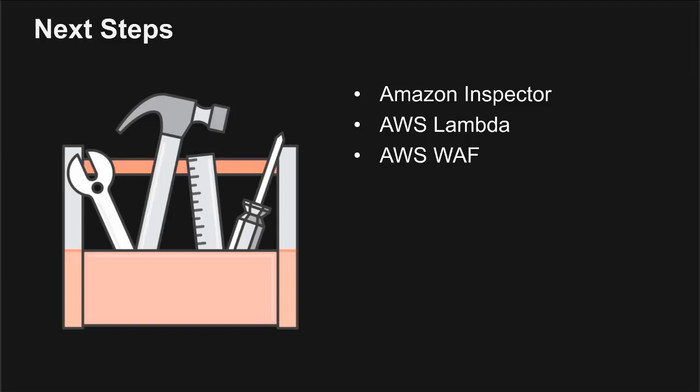But also take a look at AWS WAF. So AWS WAF allows you to filter out various kinds of bad actors and malicious traffic out of your application. And again, you can also use your information that you get from things like CloudWatch to inform your WAF rules as well.